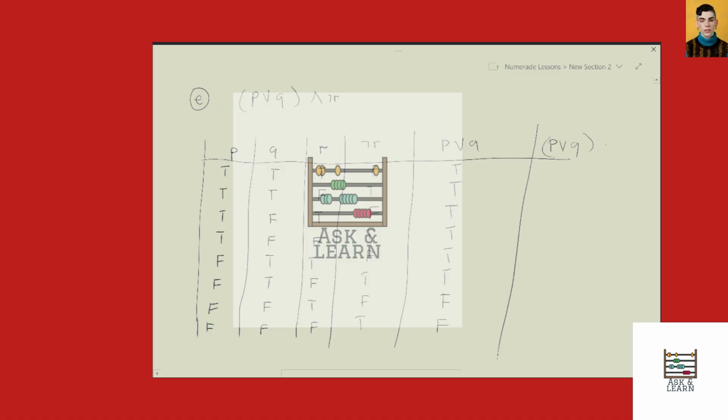And now let's look at P or Q, and the negation of R. Here we are looking for, if all of them are true, then it would be true. If one of them is true, the other is not, it would be false. So here we have false and true, so that would be false. We have true here, we have false there, so that would be false.